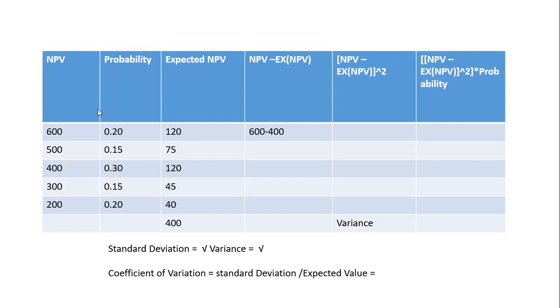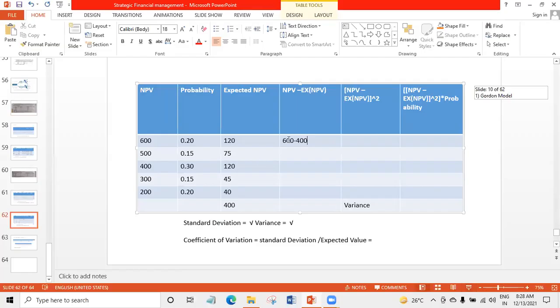Next, for project Q, cash flows multiplied with probability, you will get expected NPV: 600 into 0.2, 120; 500 into 0.15, 75; 400 into 0.3, 120; 300 into 0.15, 45; 200 into 0.2, 40. Total 400.